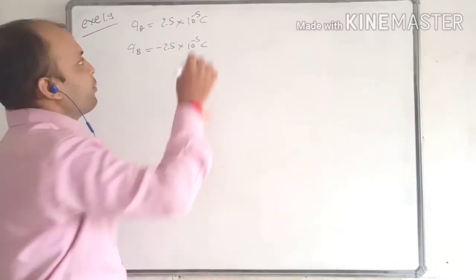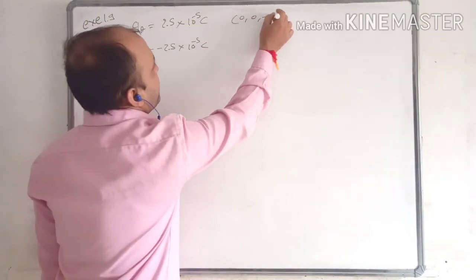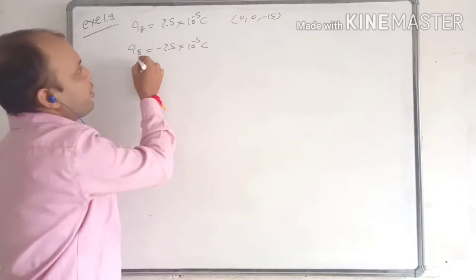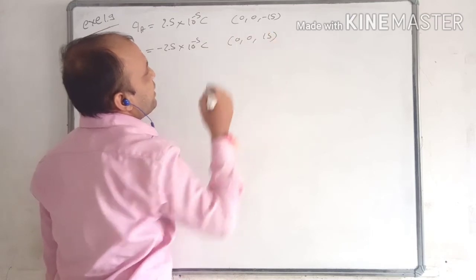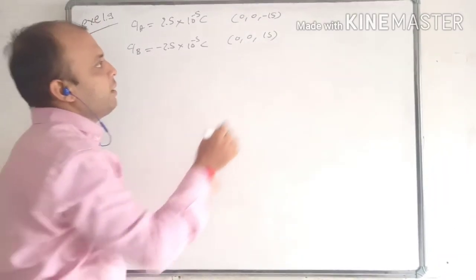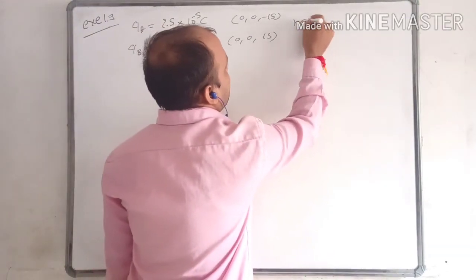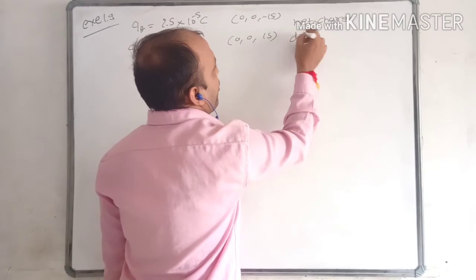The position vector for QA will be 0, 0, minus 15, and the position vector for QB will be 0, 0, plus 15. And we have to find the net charge and dipole moment.